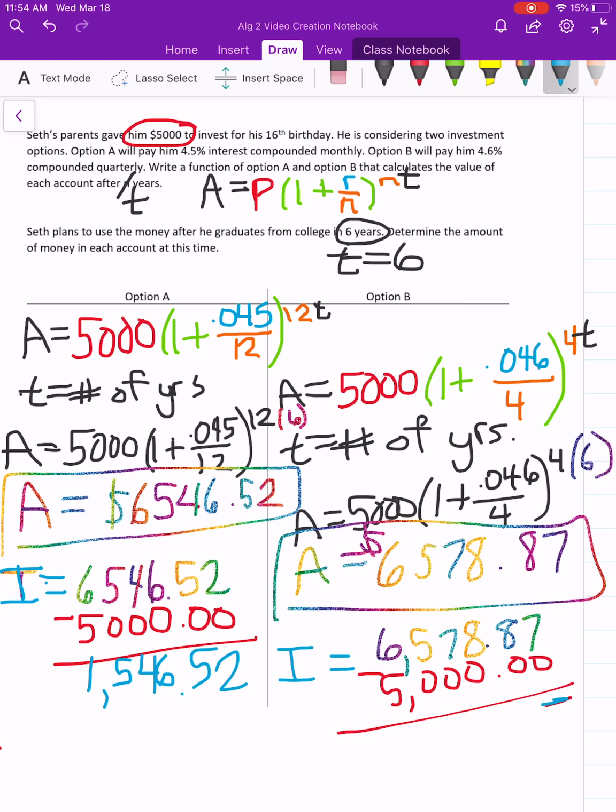And so the interest earned is actually slightly more for option B than option A. It's about, let's say, $32 more if you go with option B, because even though it's compounding less frequently, there was a higher interest rate.